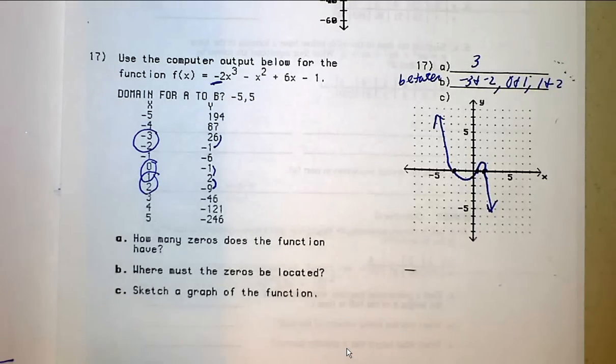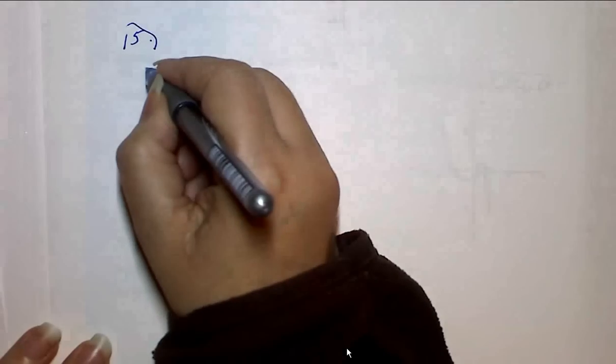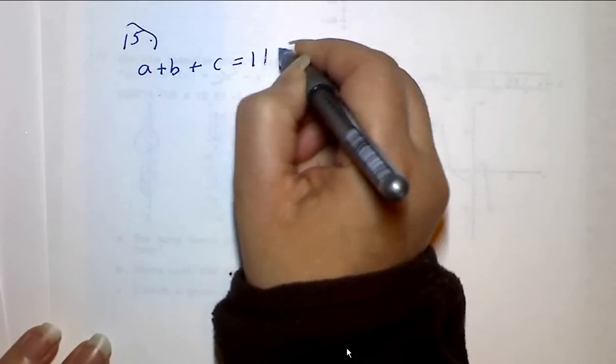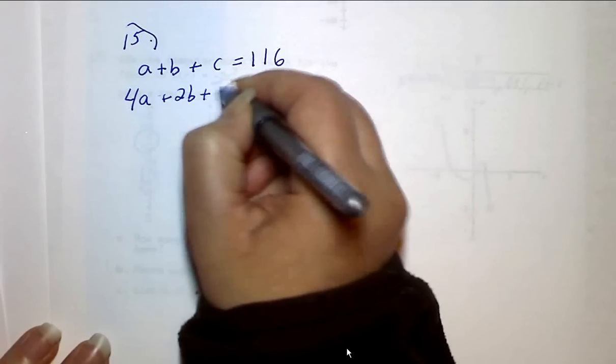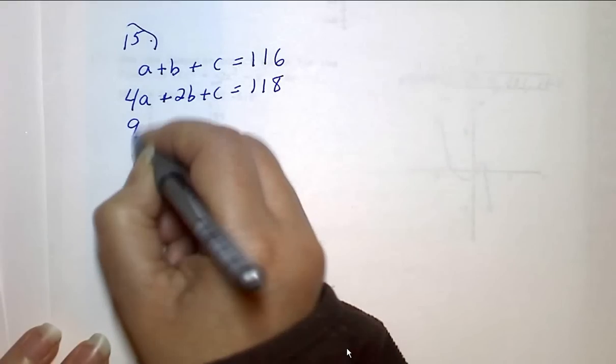So number 15, using linear combination, we have, and I would recommend turning your sheet of paper long ways so you can see it, unless you write small: a plus b plus c is equal to 116, and 4a plus 2b plus c is equal to 118, and then 9a plus 3b plus c is equal to 88.